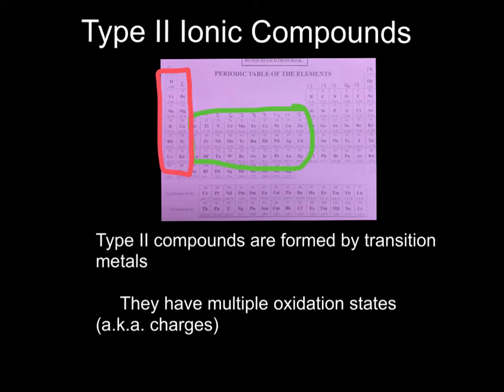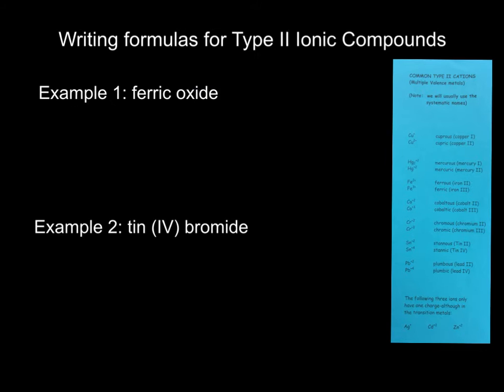The reason why we have a different classification for them is because, unfortunately for us, transition metals don't follow any rules, and they have multiple oxidation states, which we know as charges. Alright, so now we know transition metals don't behave like the others. They have multiple charges. How do we know which ones are which?